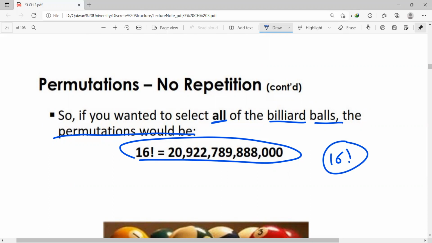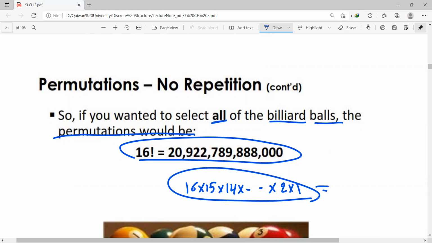As we said before, it's 16 times 15 times 14 times up to times 2 times 1. This is the same as saying 16 factorial, because 16 factorial is the multiplication of 1 to 16. So for all the billiard balls, if you want to select all, it's 16 factorial.